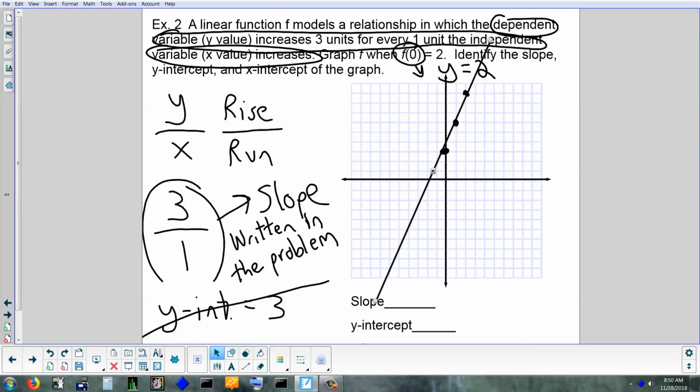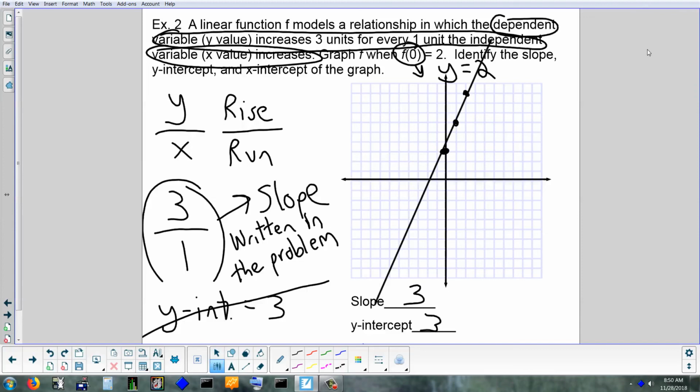So in this problem we already identified, what's my slope? Someone tell me. It's 3. I want to put it over 1. Slope is 3. What's the y-intercept? Guys, stay with me here. 3.